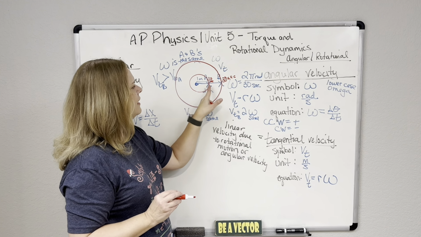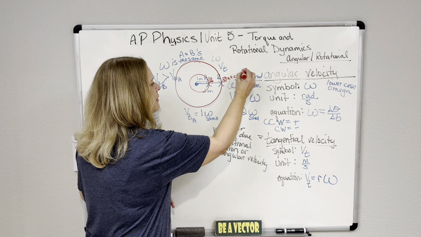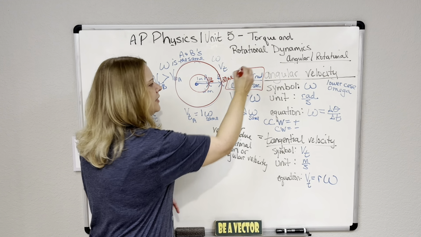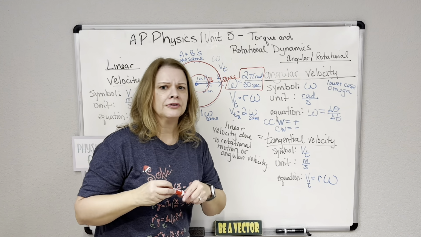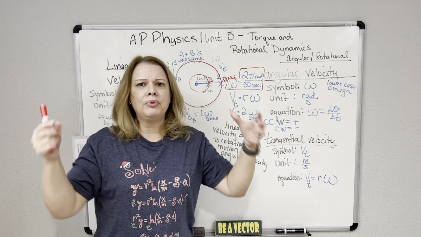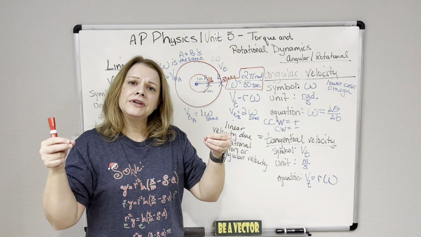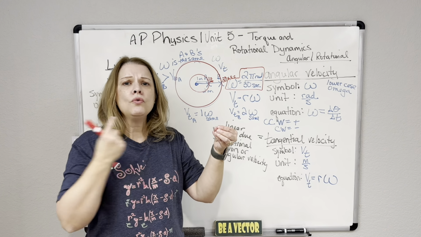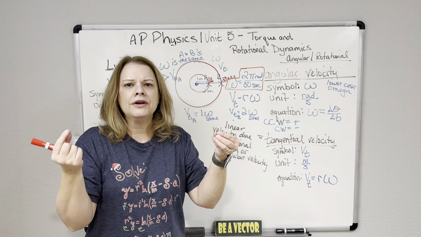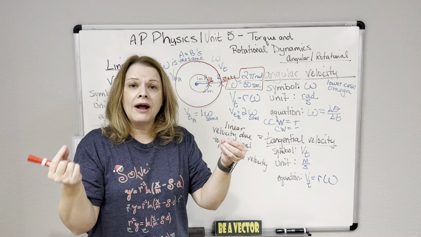But they both have the same angular velocity because they both go 2 pi radians in 30 seconds. It's very similar to the Earth. If you're on the equator, the Earth is bulky in the middle. Somebody living at the equator has to get all the way around that part of the Earth in 24 hours.